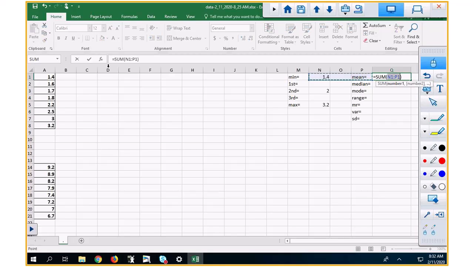Mean is going to be the summation of all these divided by 8. And that's going to be that color. That's going to be that color.